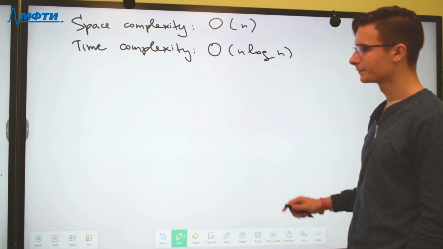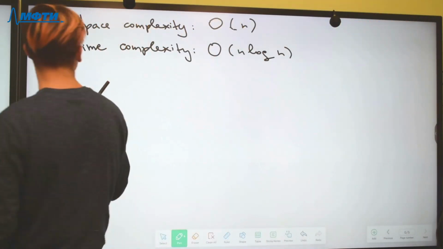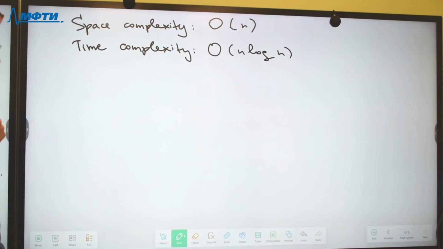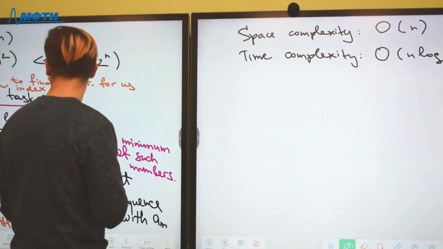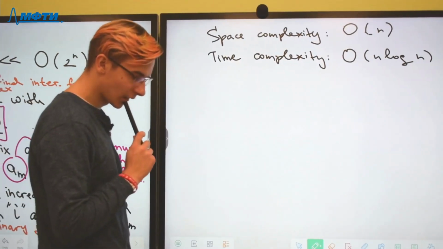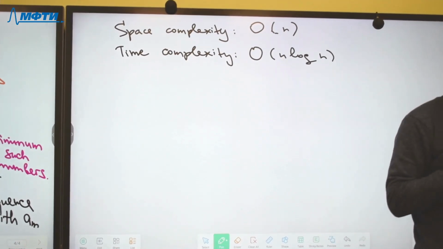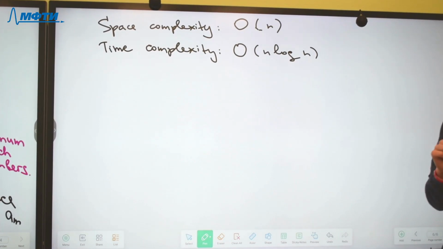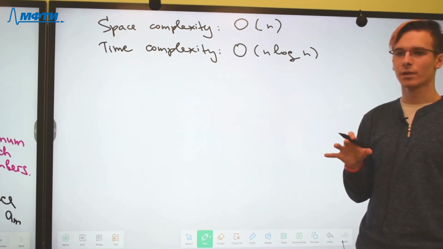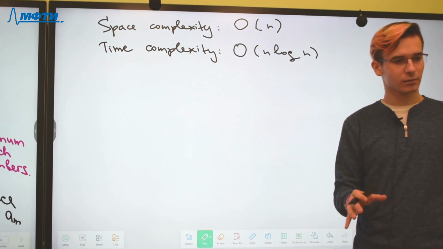And of course, the difference between this algorithm and the previous one is that in the previous we store iterators, yeah? We store indices, we store lengths, yeah?